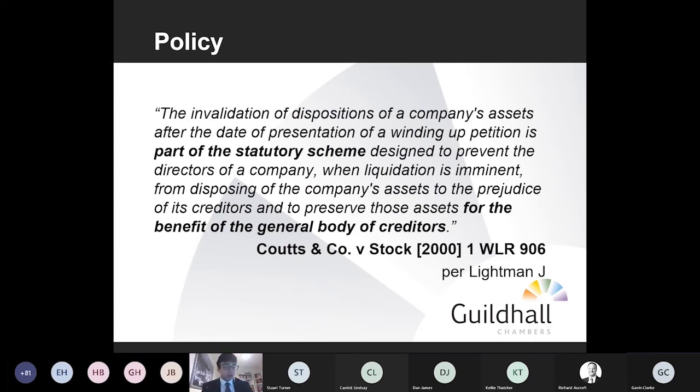But obviously the burden is on them to demonstrate both insolvency, although it may be a case in which certain statutory presumptions arise, and that there was some element of undervalue or preference.